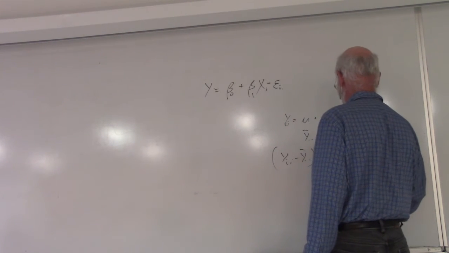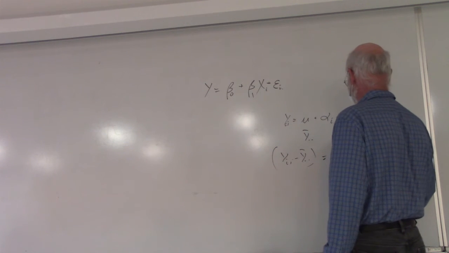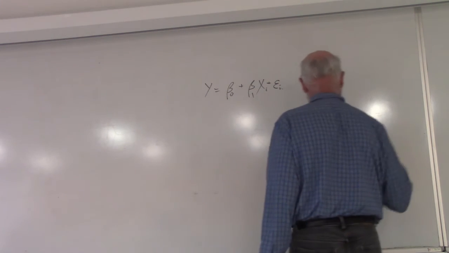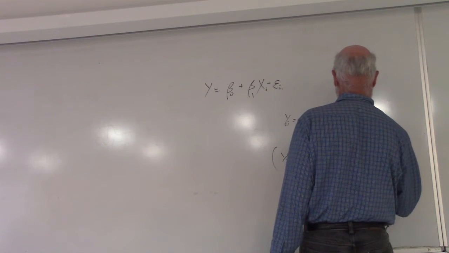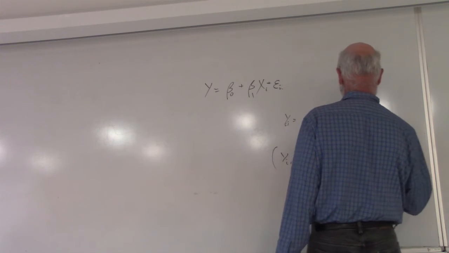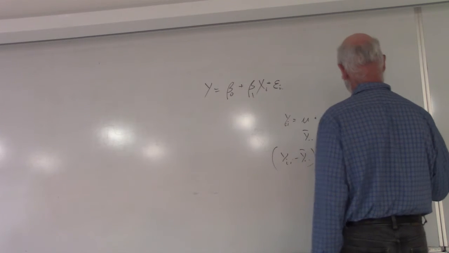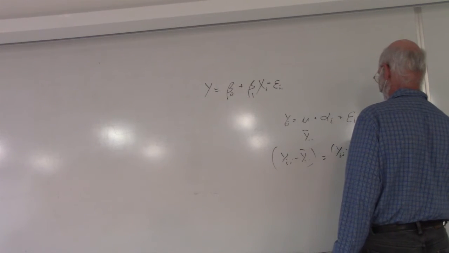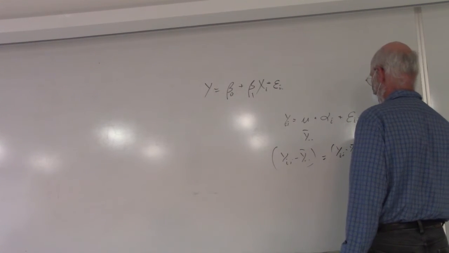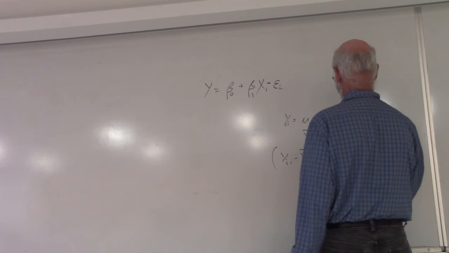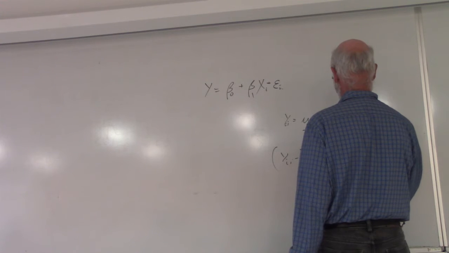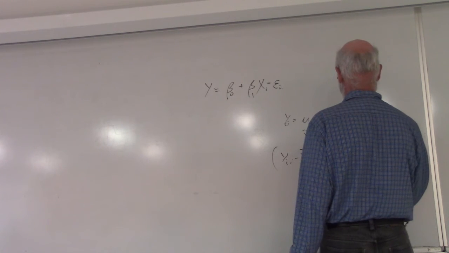Alpha i was yi dot bar minus y bar dot dot.